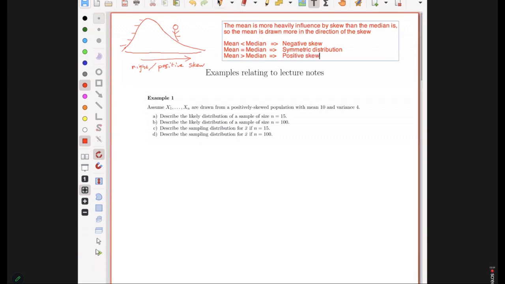So here I say that we have a positively skewed population, and we take a sample of size 15. What we can say about this sample is that since this is a pretty small sample size, we likely have a mean near 15.